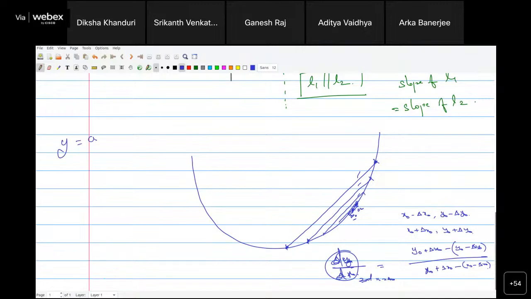So we have the equation as y equals ax squared plus bx plus c. So dy by dx, which is the change in y by change in x, is nothing but 2ax plus b. If you know differentiation, this is how it will be. Differentiate the function, and I want it at x equals x naught.